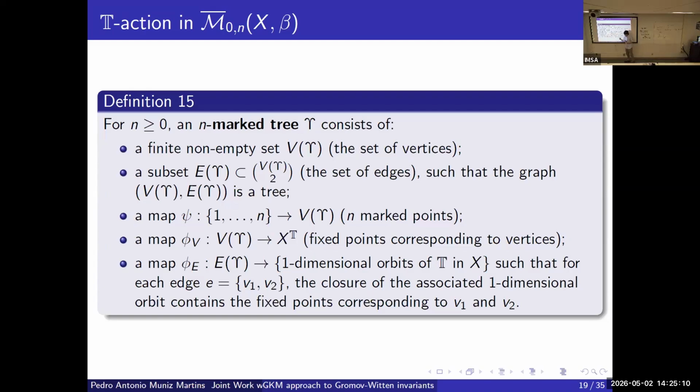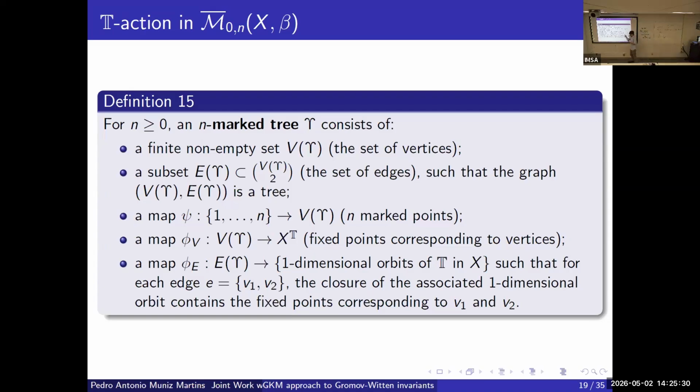This other map identifies a vertex on the tree with a fixed point by the action of the torus in the space, and another map identifies an edge with a one-dimensional orbit of the T action.